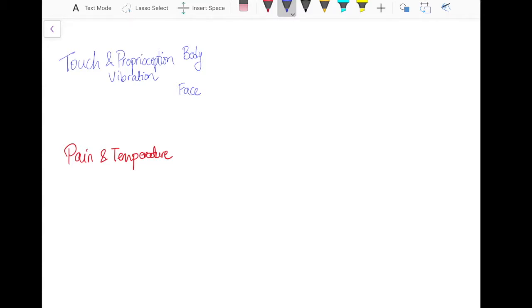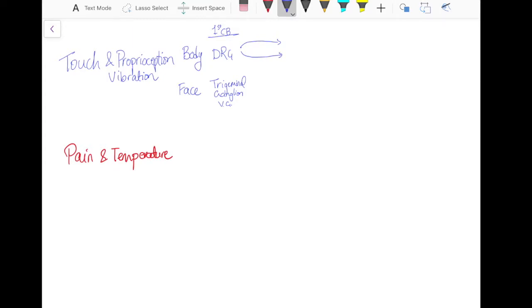So for the body, the first cell body is in the dorsal root ganglion, whereas in the face it is the trigeminal ganglion. And then it will travel by the fasciculus gracilis or fasciculus cuneatus, depending on where we are in the body.